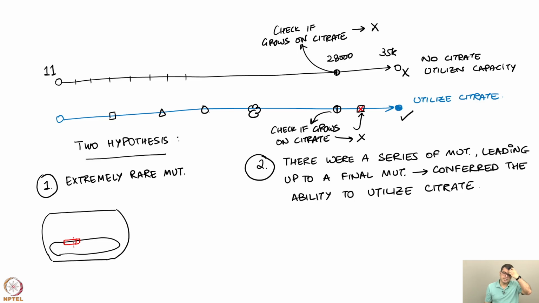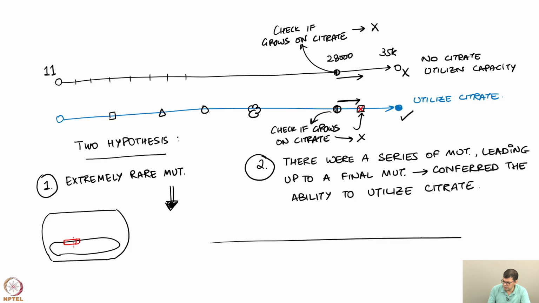So, what would be the experiment here? The experiment that was done to check which of these two hypotheses played out was that now if I go back to the freezer stock from 28,000 and evolve again all these 11 lines and this particular line. Remember, this is happening like this, that there is an evolution experiment going on. This was 28,000 generations.